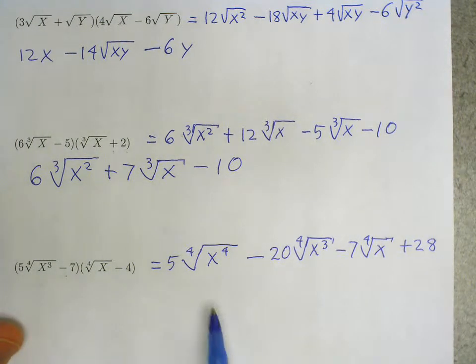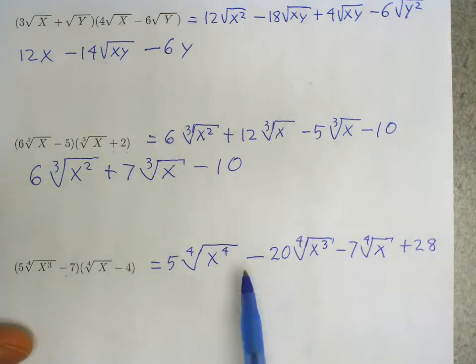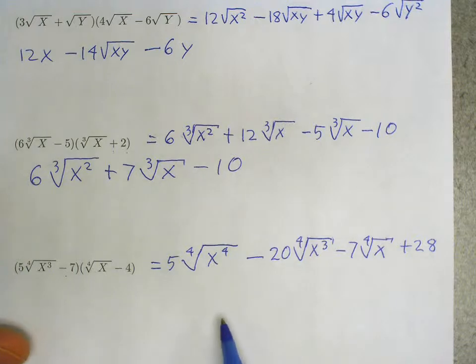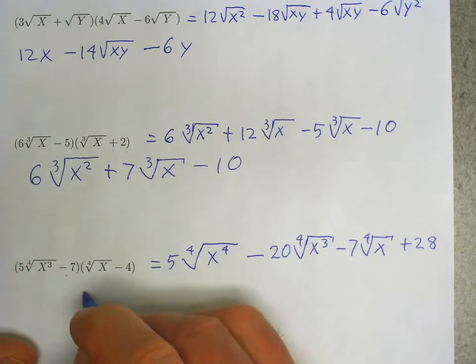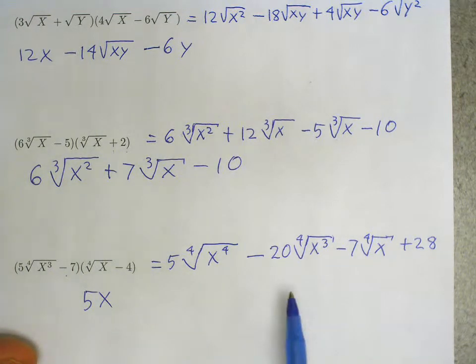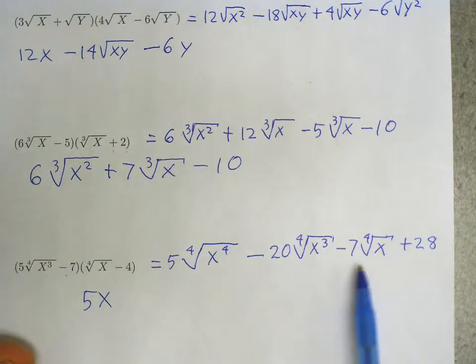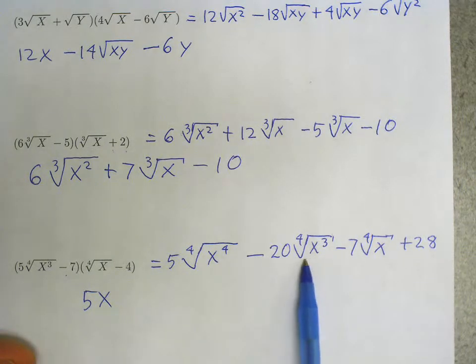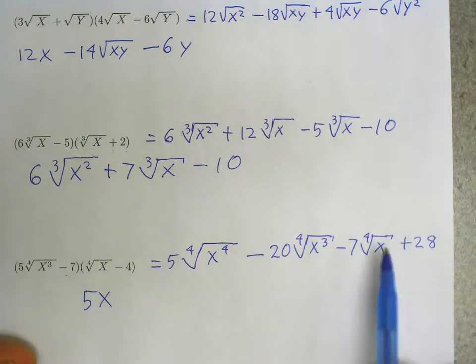We can only simplify one more thing. The fourth root of x to the fourth simplifies to x because the exponent 4 divided by the index 4 is 1. So this becomes 5x. Note that the two middle terms are not like terms. This one involves the fourth root of x to the third, but that is different than this one that has the fourth root of x.